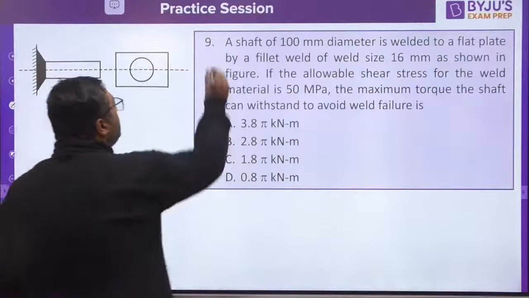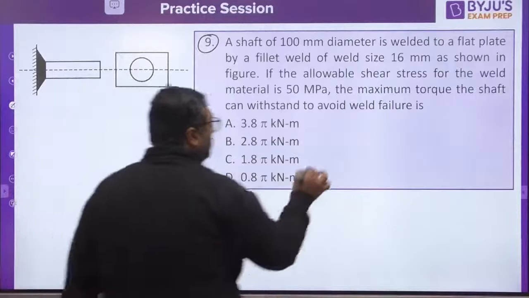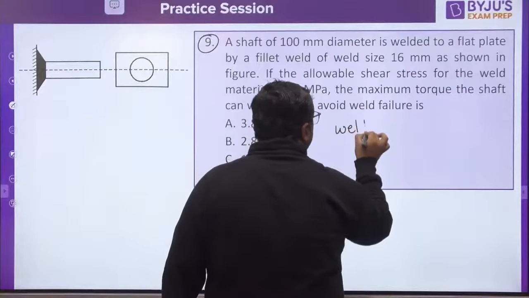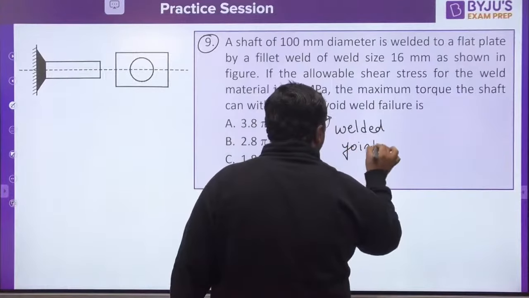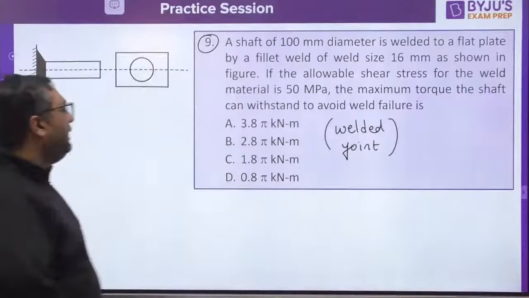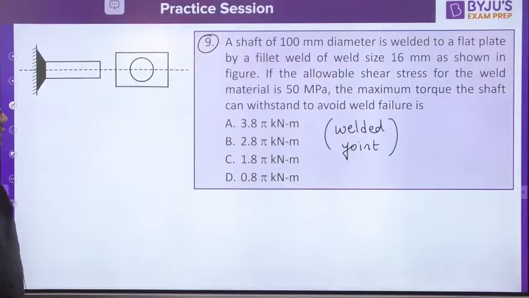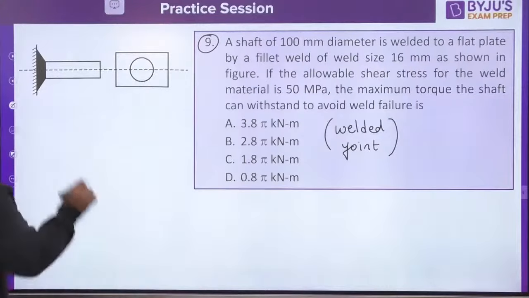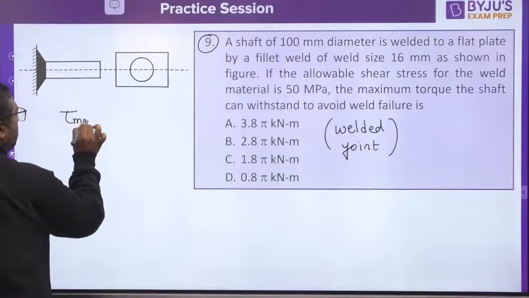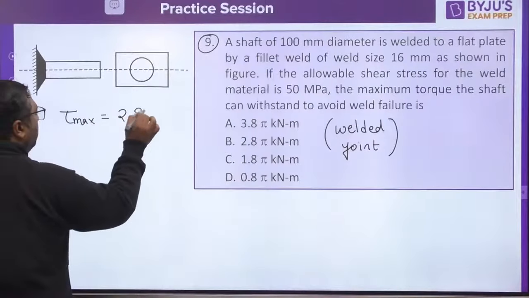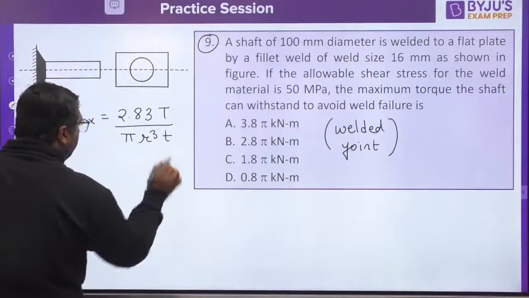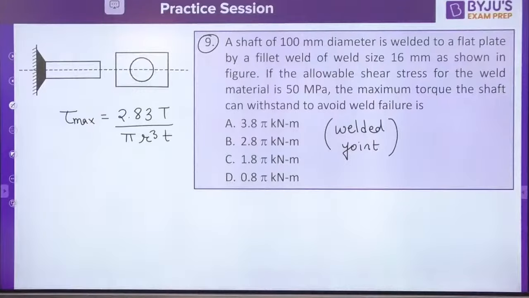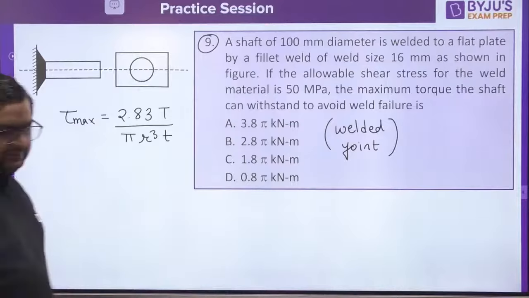Now this is the question from welded joint. And in welded also, this is a special case. For that, we have found out the answer as 2.83 T by pi r cube T. Is it correct? Yes.